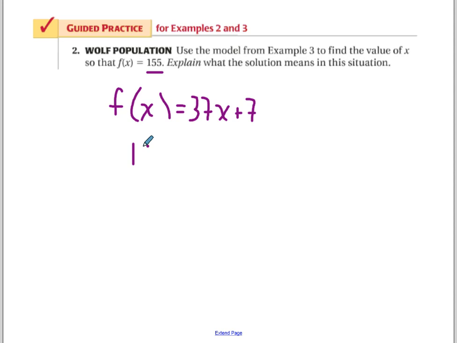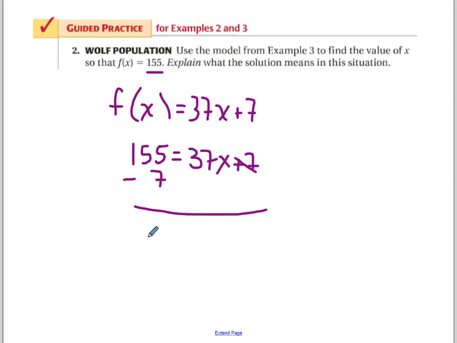So I'm going to get 155 equals 37x plus 7. And then I'm going to solve like a normal equation. I'm going to subtract 7 over here. 155 minus 7 is 148.